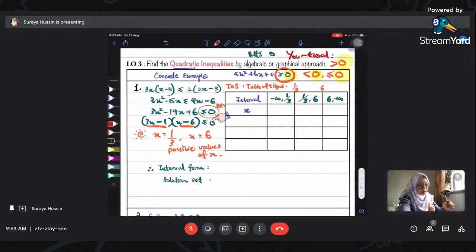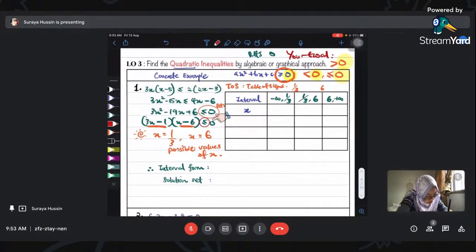Sekarang ni cumanya kamu tak tahu mana satu yang bracket ke open bracket. Macam mana nak tahu, Miss? Macam mana nak tahu bracket ataupun bracket yang close ataupun open? Inilah fungsi tangan ni. Tangan ni nak merujuk kepada this is less than or equal.